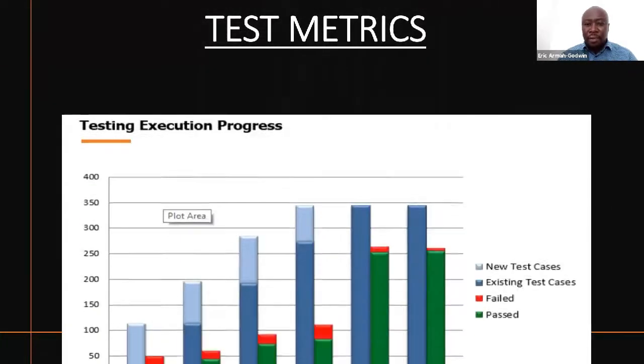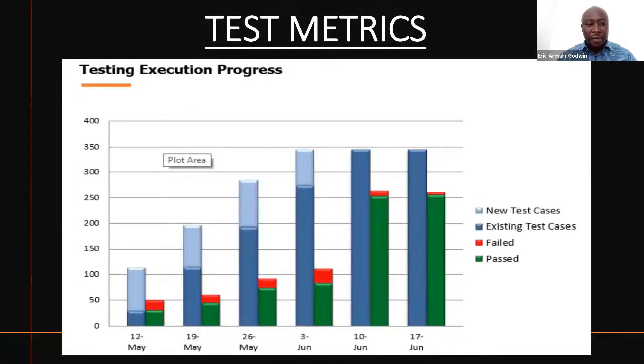I've got an example of the metrics here. You can see this graph. I've got two examples to show you. We've got test execution progress metrics here. You can see new test cases. You can see on the left hand side, the y-axis, the expected levels of test cases, and then you can also see the period of time that we're doing the testing.